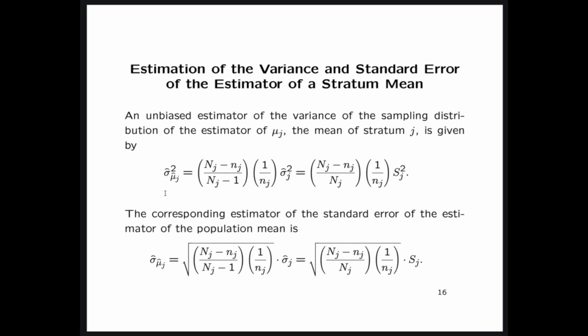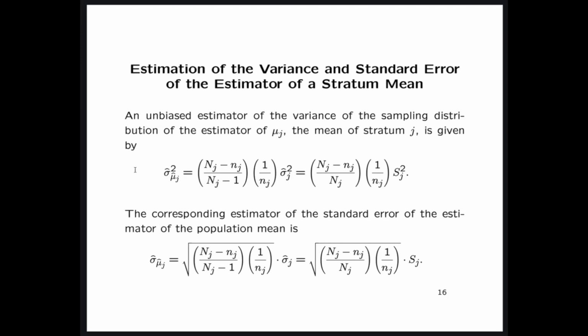So once we have the estimated variance of mu hat sub j, to get the estimated standard error of mu hat sub j, again, what do we do? Well, we take the square root. So the corresponding estimator of the standard error of the estimator of the population mean is given by these expressions down here. These are equivalent. Again, you can use whichever one is most convenient. Now again, let me go back up to this previous formula, the estimated variance of mu hat sub j.